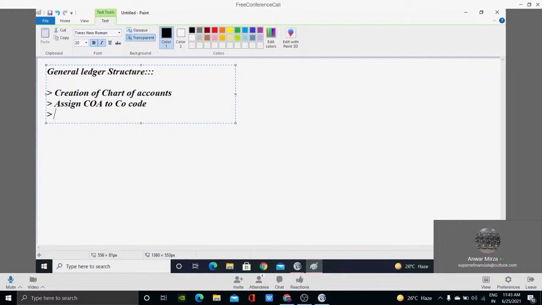The next is define account group, define each account, and define tolerance group.